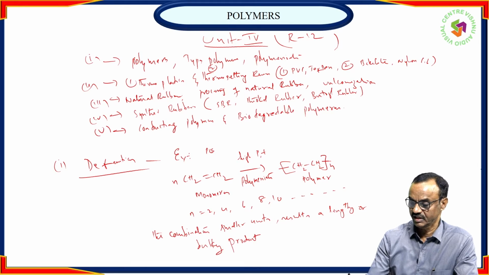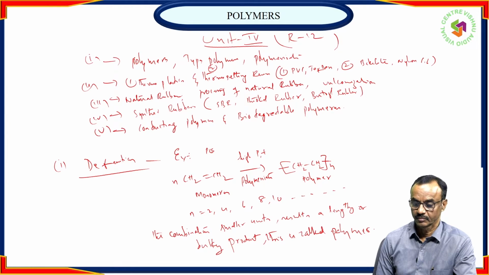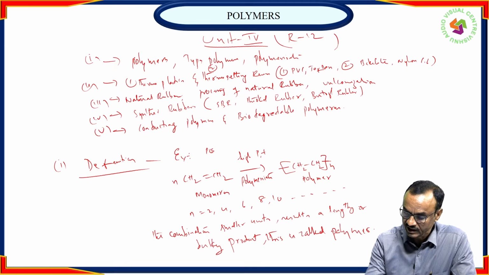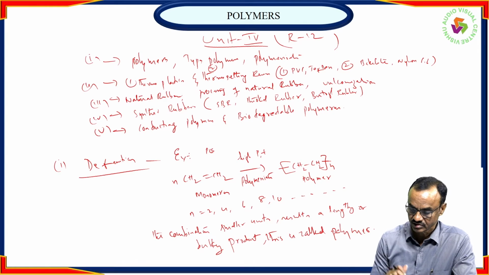This lengthy bulky product is called polymer. And the smaller units which are involved in linking are called monomers.